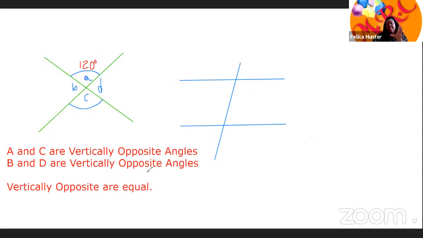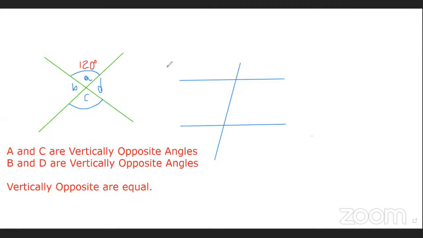And if I say A is 120, right? What's the value of C?